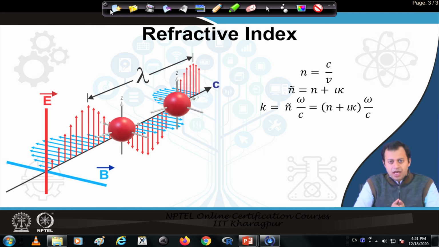A superposition happens, and the measure of how much it has changed from original to final is the refractive index, in a nutshell. I cannot explain it any more without going into the details of quantum mechanics, which I want to avoid.